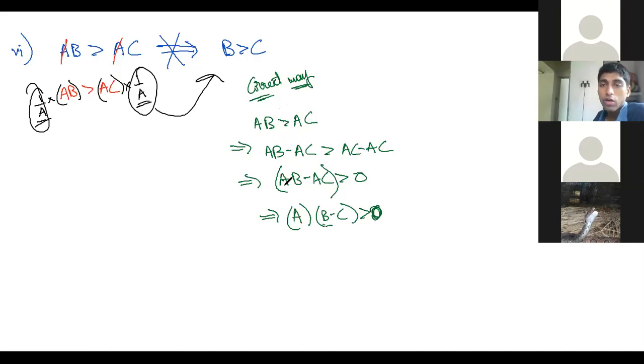Whatever the sign of A is, you can take A common. And when you take A common, what remains is B minus C. Why are you telling the sign will depend on A? A can be negative or positive, B minus C can also be negative or positive. It doesn't matter. What matters is the product of both should be positive. That is what matters.